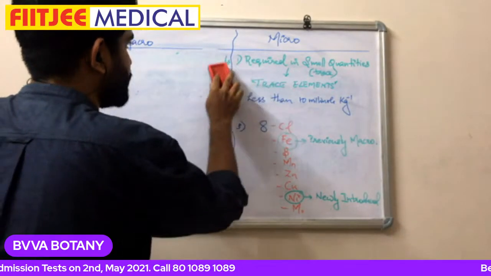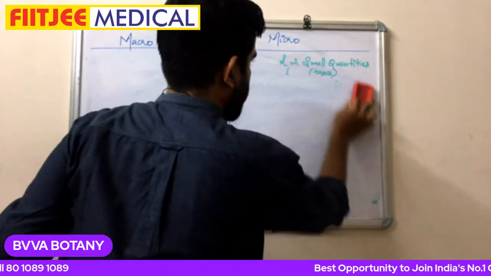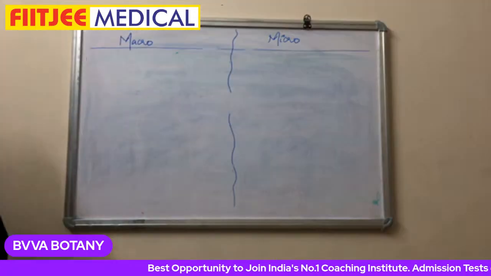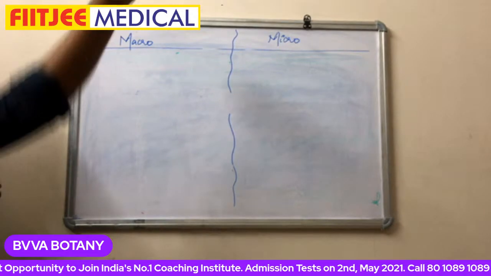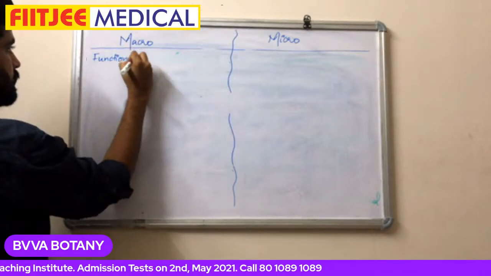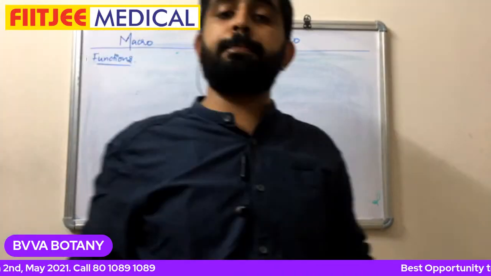Just the broad functions, particular functions we will take up. So the functions of both. The macronutrient is actually going to be part of the cell structure, or plant structure.